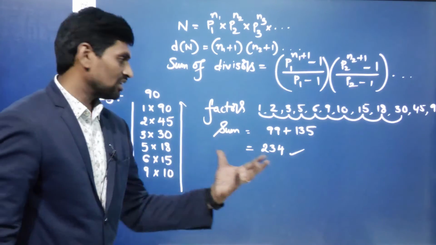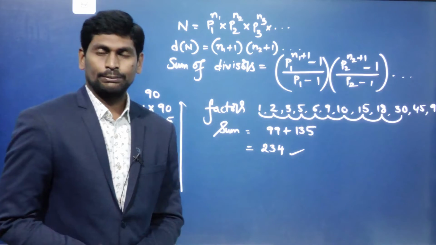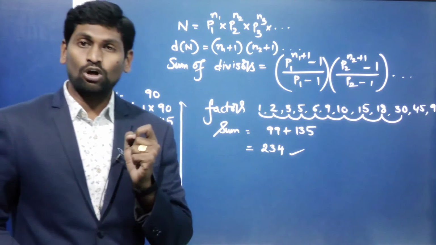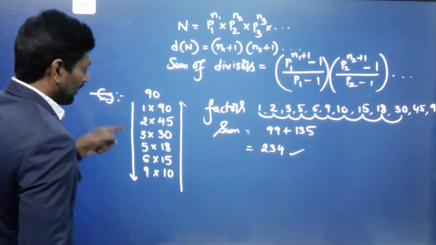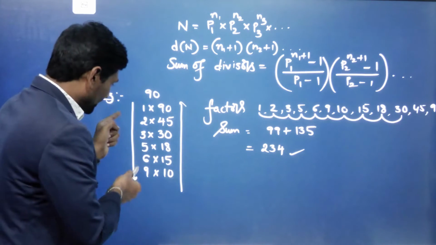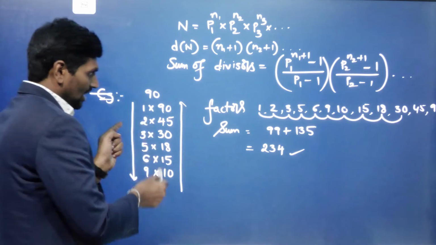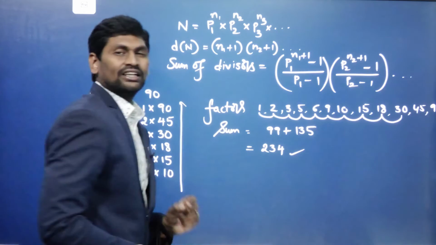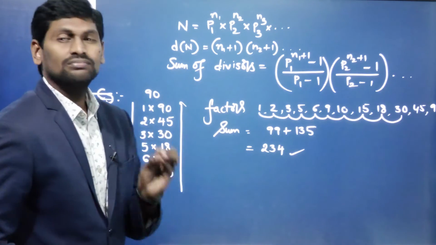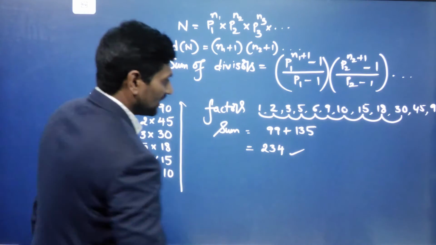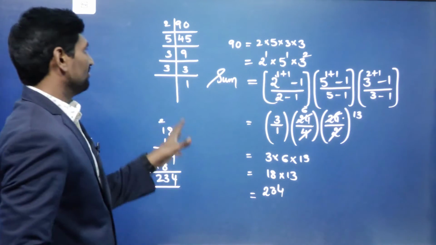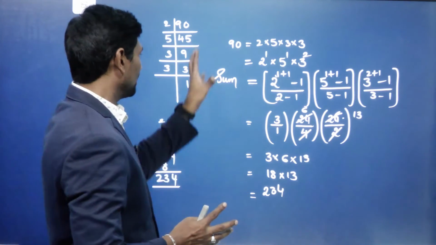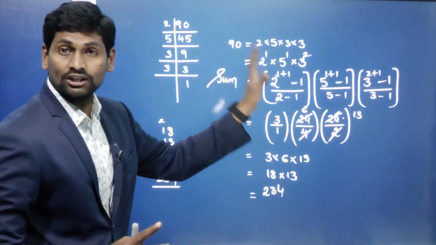In the general method also, we got 234, because 90 is just a small composite number. To find all its factors and add all of them is a little bit time taking, but see here, we are not using any factors. We are not finding all the factors here.